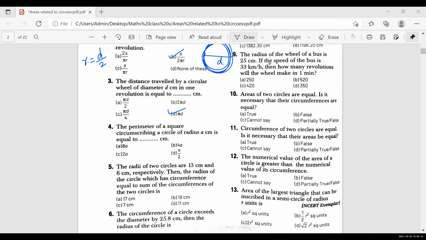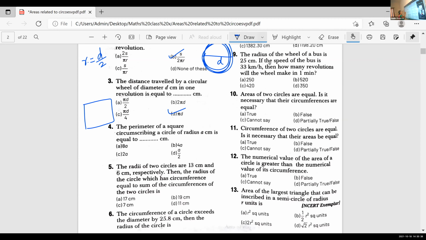The perimeter of a square circumscribing a circle. So a square is circumscribing a circle. Which one is inside, which one is outside? Square circumscribing a circle means the circle is inside the square, isn't it?